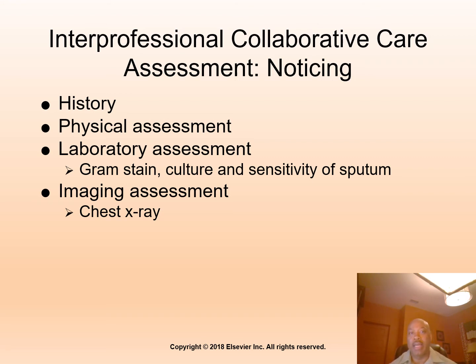Also take a look at page 603, table 31-3, for the pathophysiology of common signs and symptoms of pneumonia. It tells you why these patients are having the different signs and symptoms. And again, look at page 603.